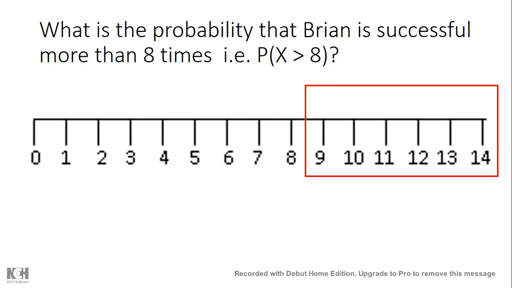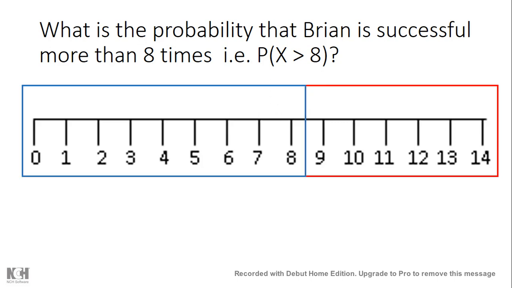So what we want to do is get all the ones that aren't included in this question, which will include 8, because we don't want to include 8, so the ones that aren't included do include 8. So we're going to be looking at this group from 0 up to 8, and we're going to take away those probabilities from 1 to give us the ones in the red box.